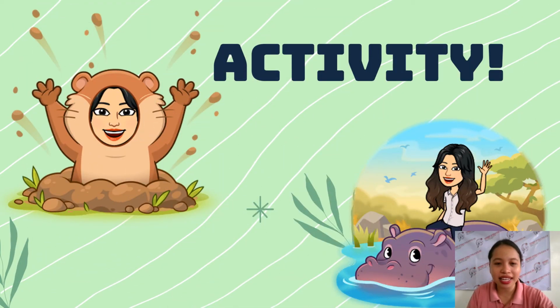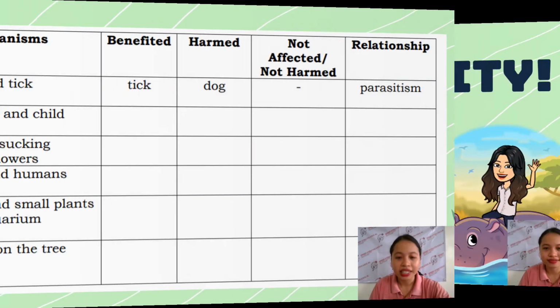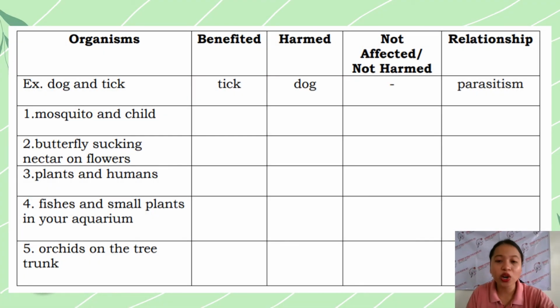Hey, let's have an activity. On a paper or a short bond paper, I want you to write this table. You can pause this video to copy this. I want you to write there: mosquito and child. Which is benefited and which is harmed, not affected or not harmed, then what is the relationship?